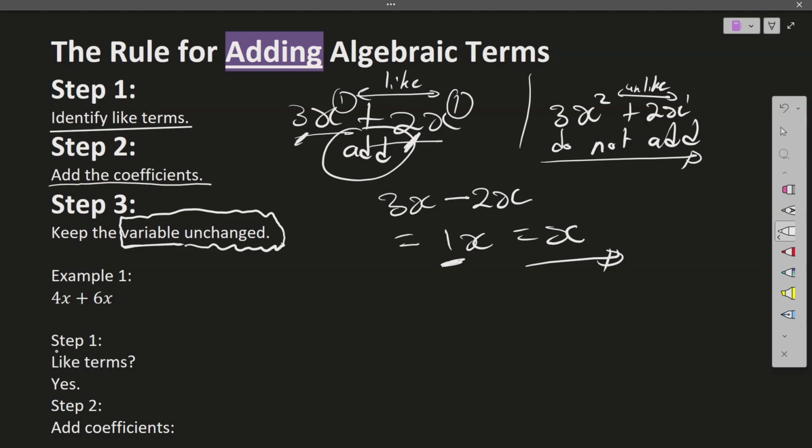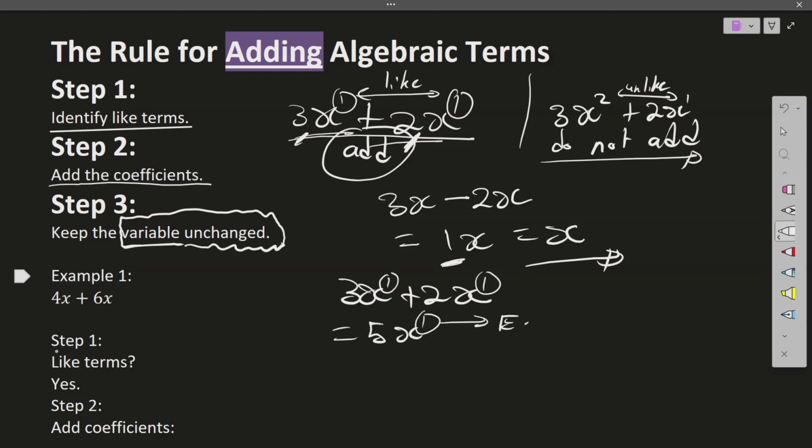Here in this example we established, we said 3x plus 2x, and so this variable had an exponent of 1, so the answer here was 5x. The exponent remained 1.